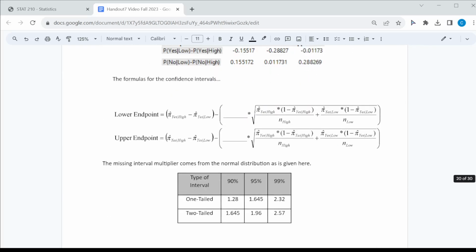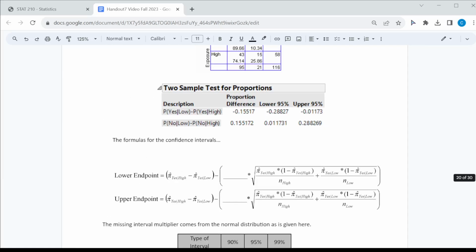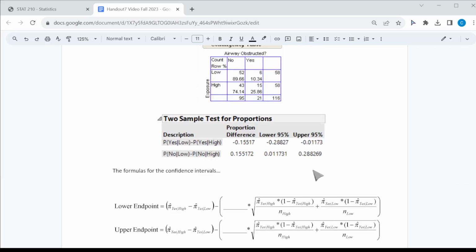Again, here are the formulas for the confidence interval. I am showing you in the notes that you can get either version, the positive or the negative. And one thing that happens about the endpoints is they just flip on each other. So if you want the positive version here, that's a 15.5% difference. The low end would be 1.2%, and the high end would be about 28.8%, it looks like.